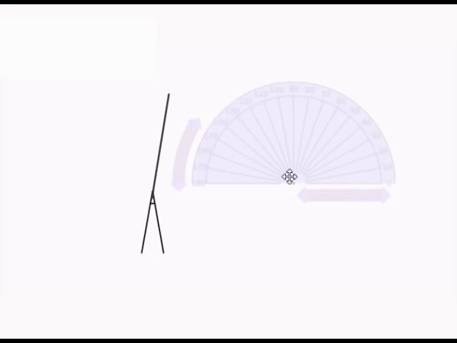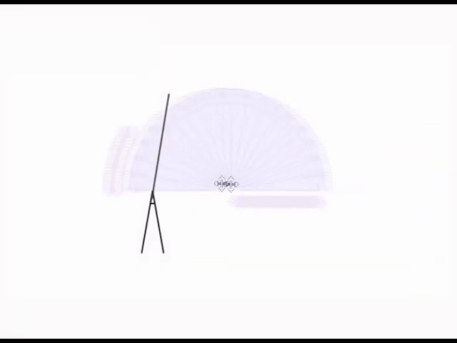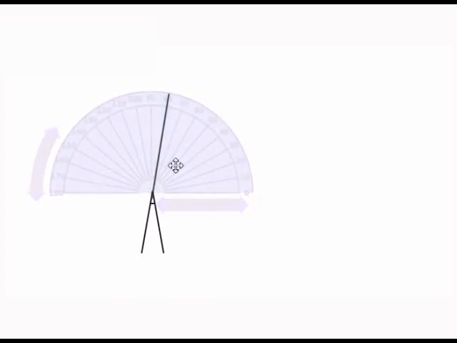scale to be used. So generally, when measuring an angle, what you do is put the center of your protractor on the vertex of the angle. And then you rotate the protractor such that the zero line or the baseline lies on one of the lines, and the other line is within the protractor.